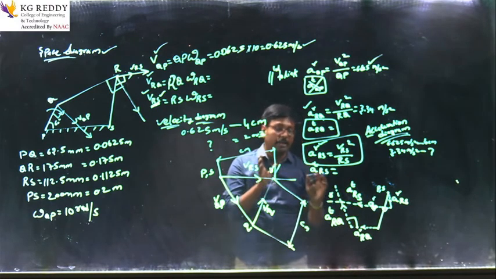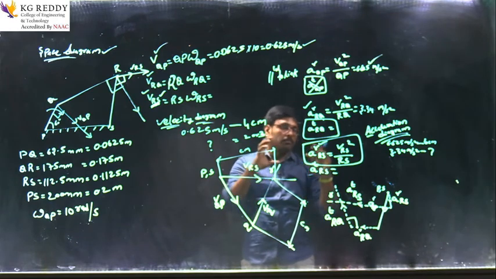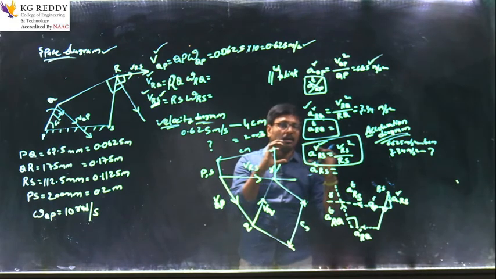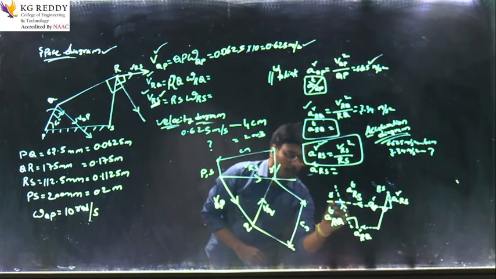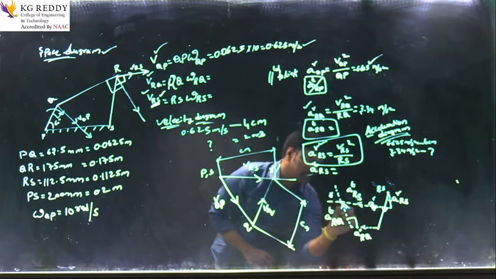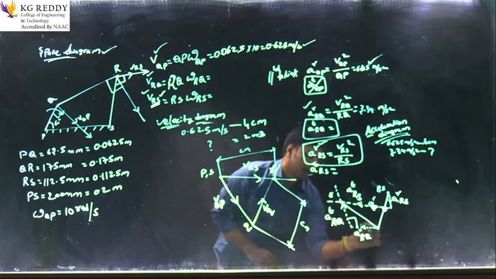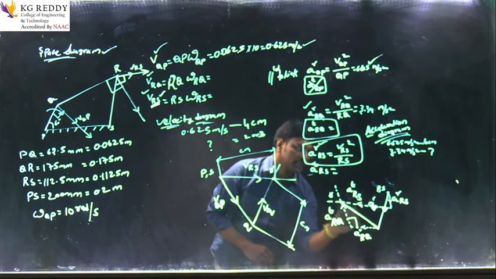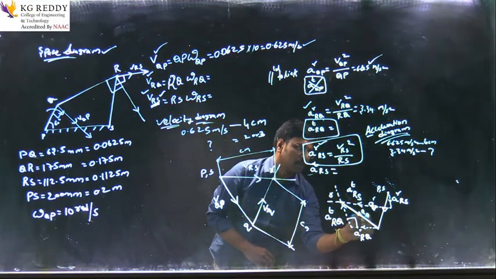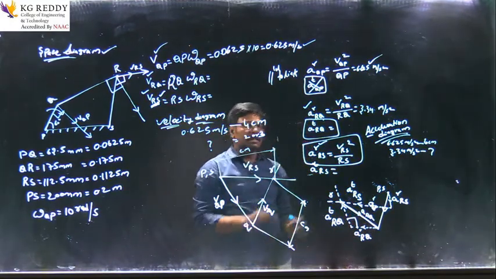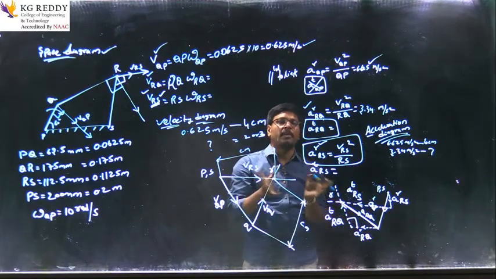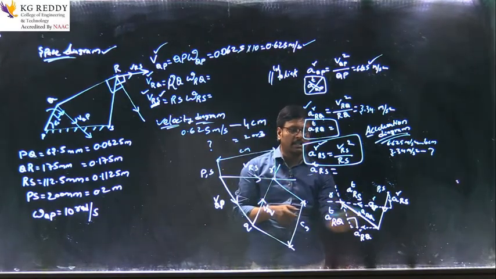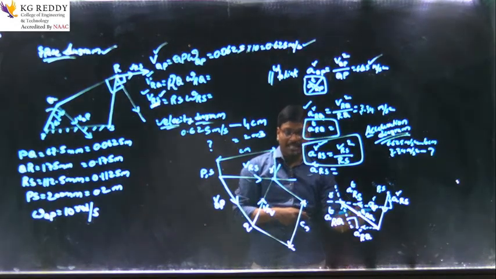So I have to make the final acceleration of R with respect to Q. So this is the point R that I am joining, here it is. This is A of RQ. So that is a resultant. So when you have two components, we have to make a resultant. So this is the resultant acceleration of R with respect to Q.